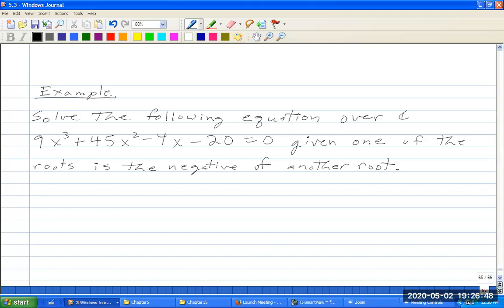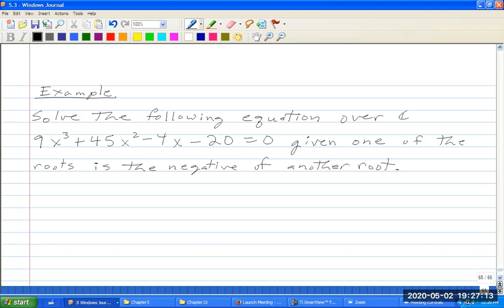Given that one of the roots is the negative of the other root. So I'm going to use this relationship between the roots to help solve the equation.